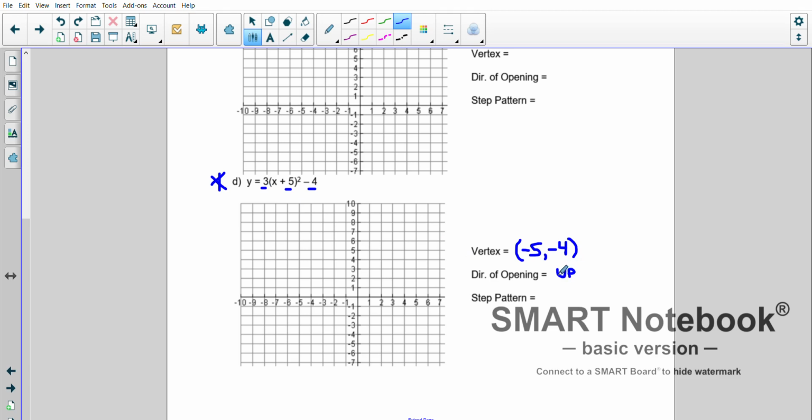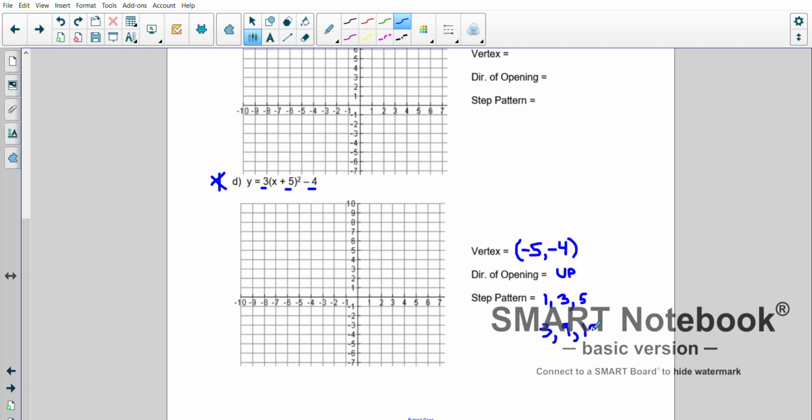And then what is my step pattern? Well, my original step pattern is 1, 3, 5, and because that a value is 3, I'm going to multiply these by 3. So my new step pattern is going to be 3, 9, 15.